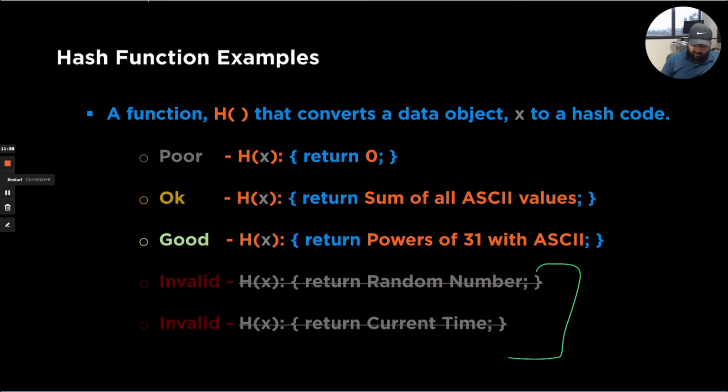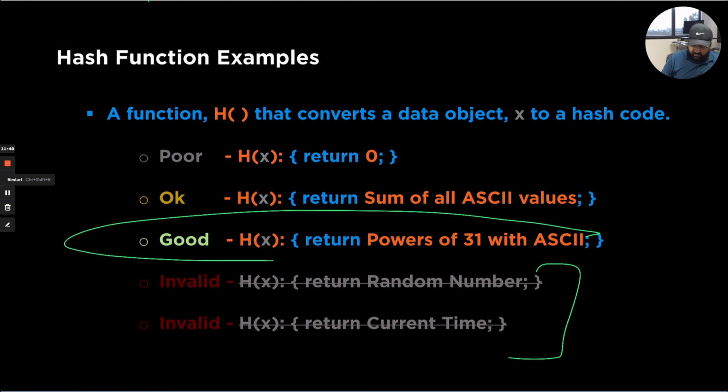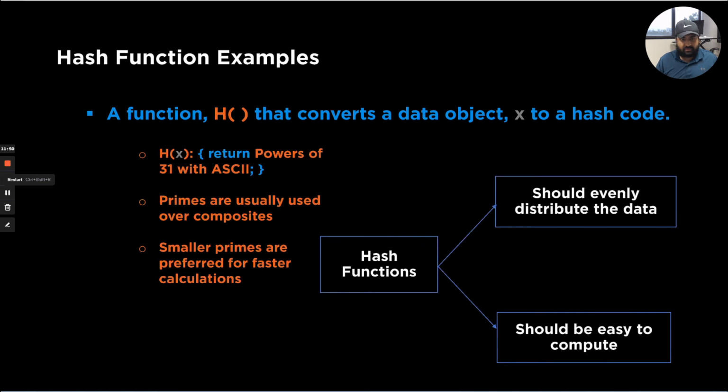Okay, so as I discussed, this is a good one. But there could be a lot of different hash functions, and it is your job as a programmer to typically implement these hash functions for the different classes you build. Okay, so I'm going to end this video with a discussion on what is usually a good hash function. A hash function should follow two properties.